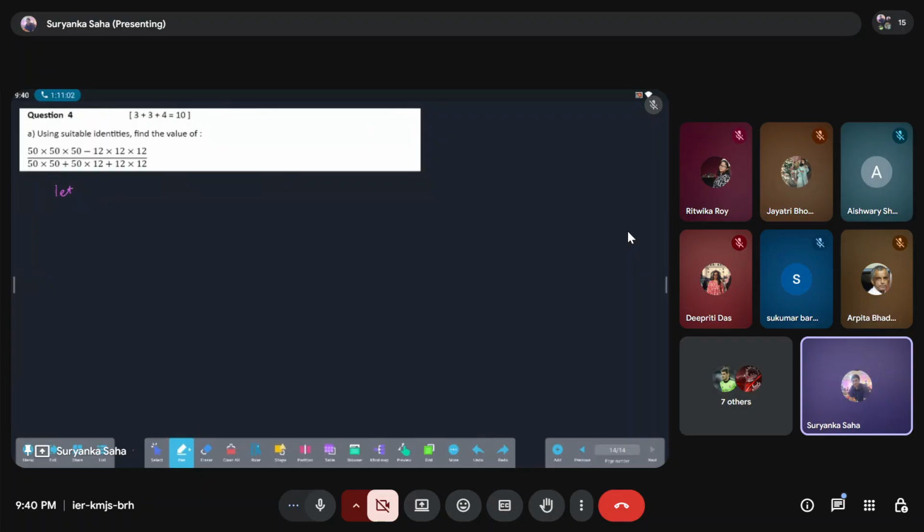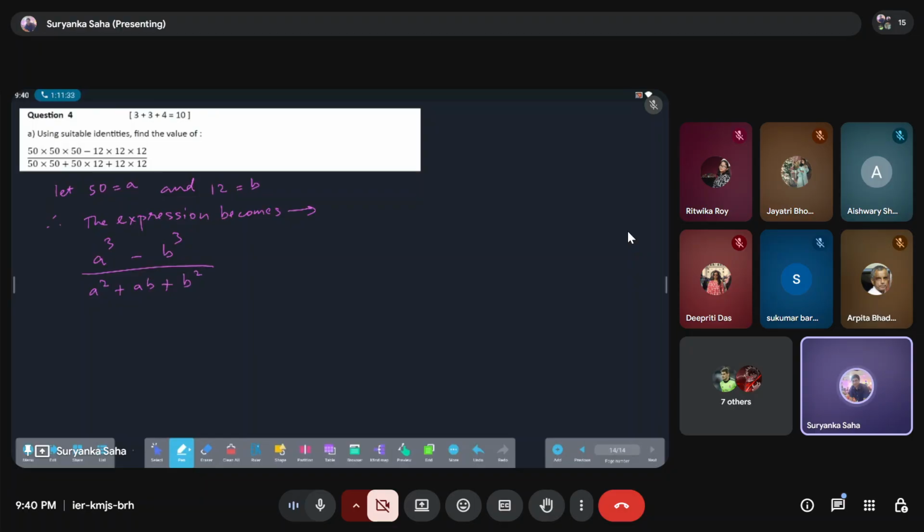So let 50 equal to A and 12 equal to B. Therefore, the expression becomes (A cube minus B cube) by (A square plus AB plus B square).